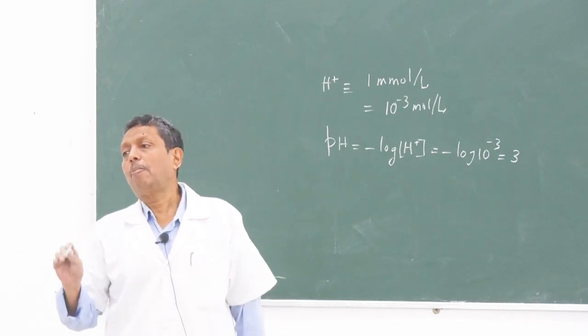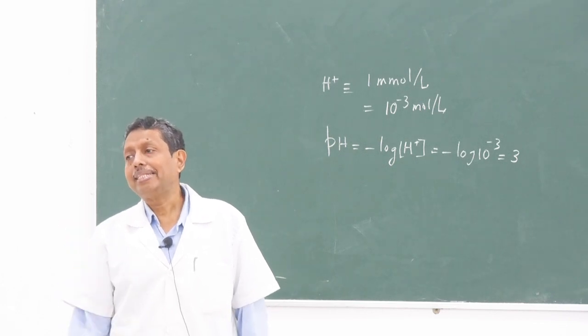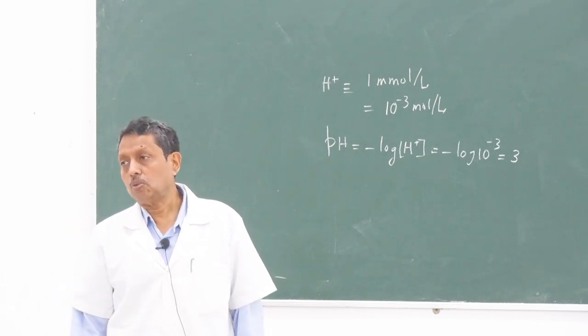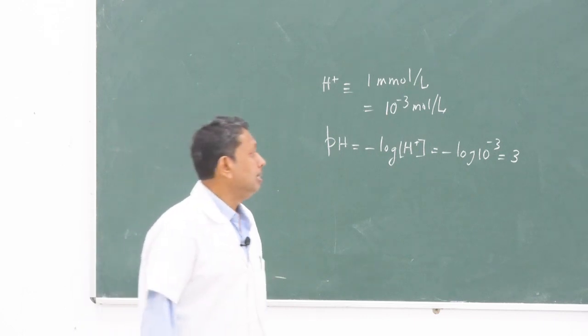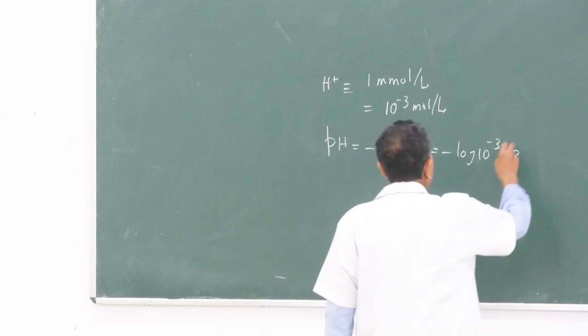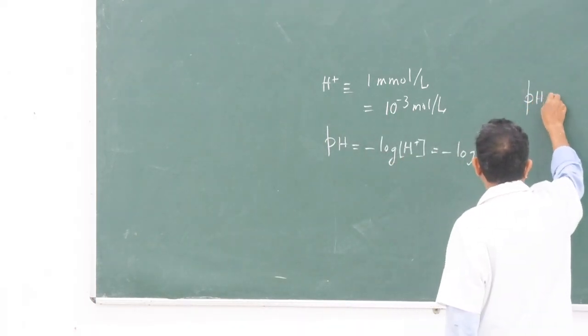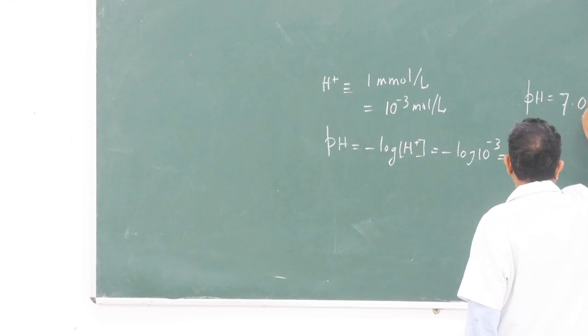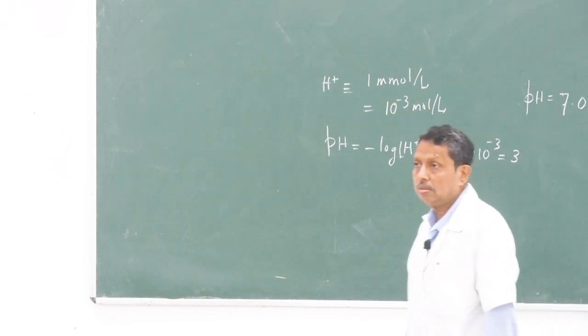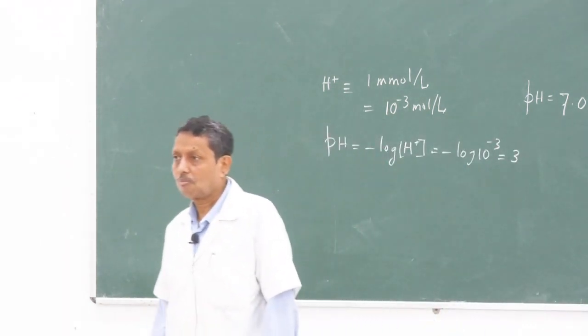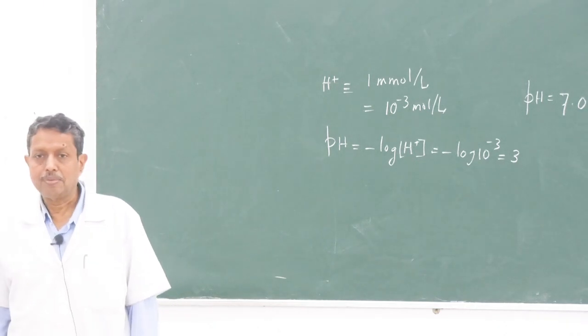But if it contains a buffer, then it will be a different situation. Take the example where the pK value is 7.0 and the buffers are present in low or high concentration. So pH is equal to 7.0 plus log of A minus over the acid.